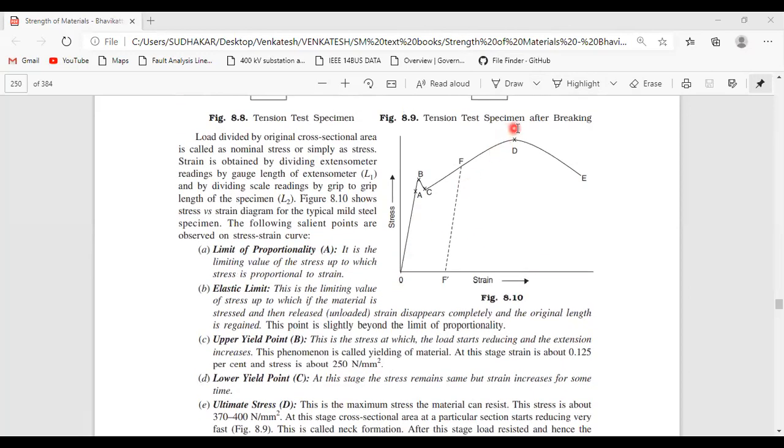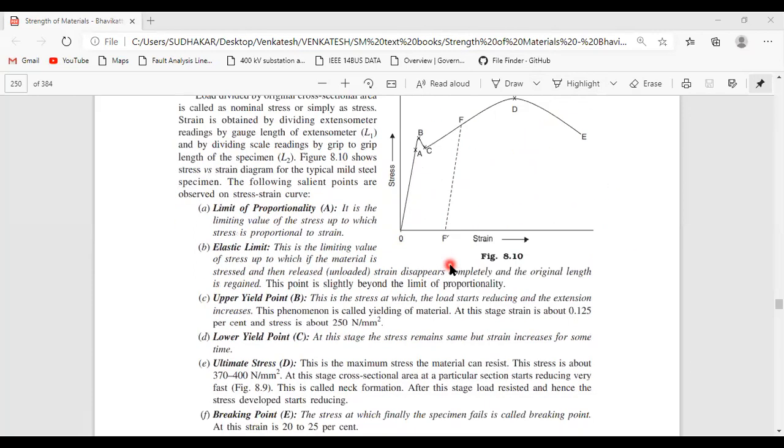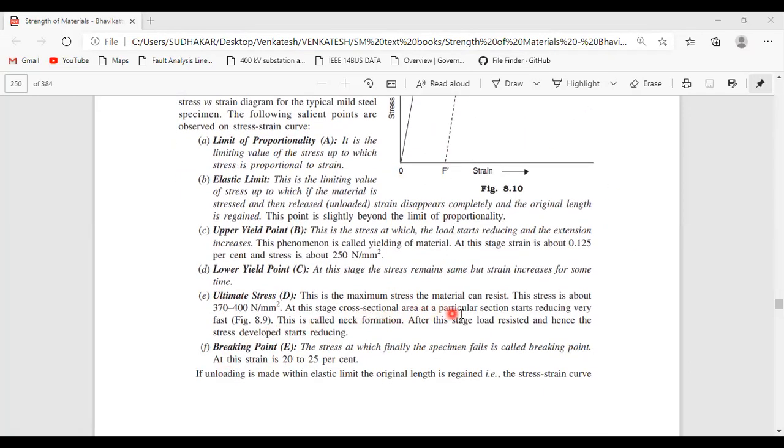This is the ultimate point of the material; after this one, the load will be stuck. The maximum stress the material can resist is about 370 to 400 newton per mm square, and this is the unit for stress.